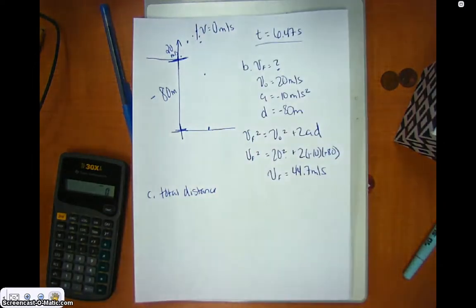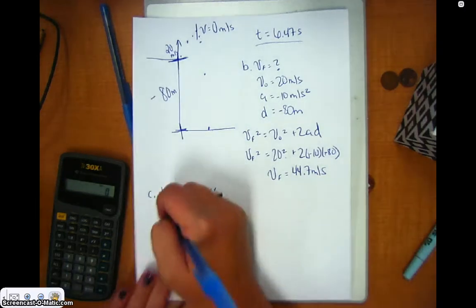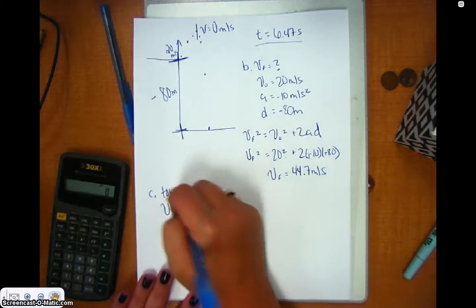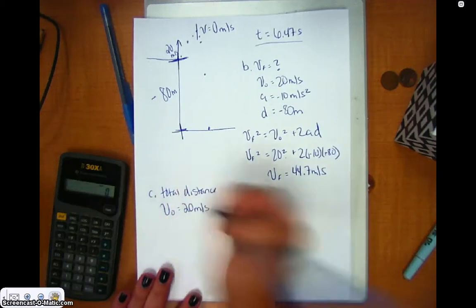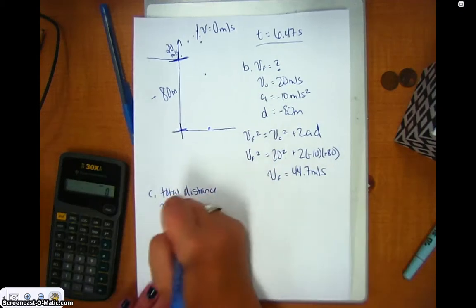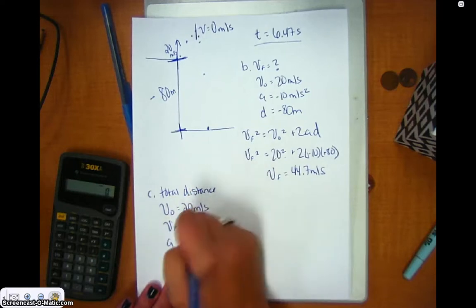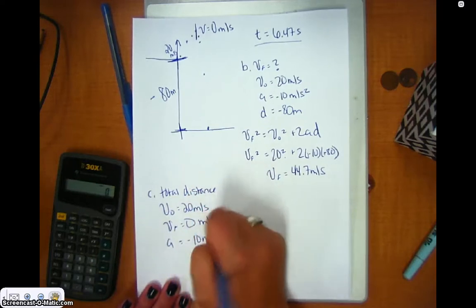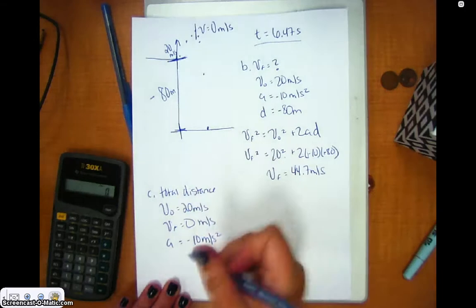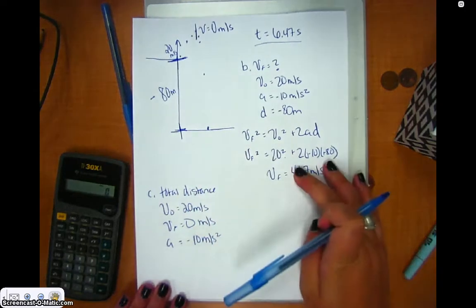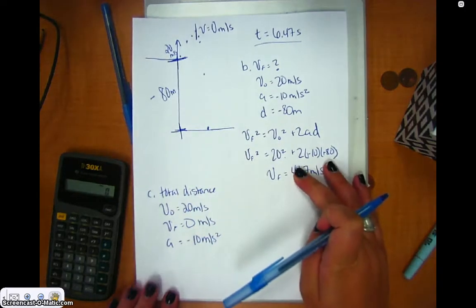All right? So for the left-hand side of the problem, the distance up, I know that I have an initial velocity of 20 meters per second, and I'm going to say I have a final velocity of 0, because that's what it is up at the top. Acceleration is negative 10, and I want to know d, or the distance. So again, same equation as I used up here.